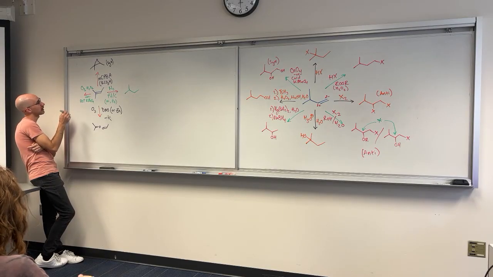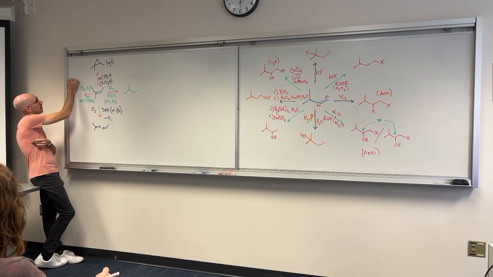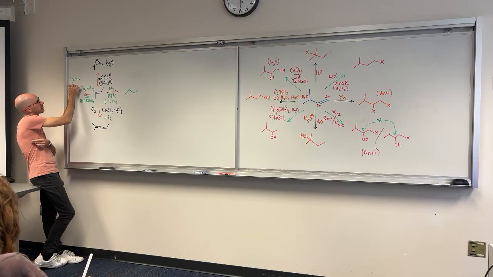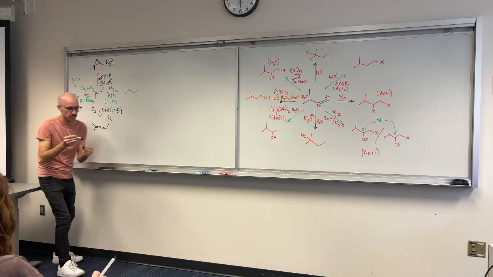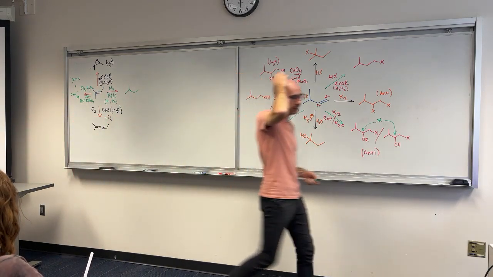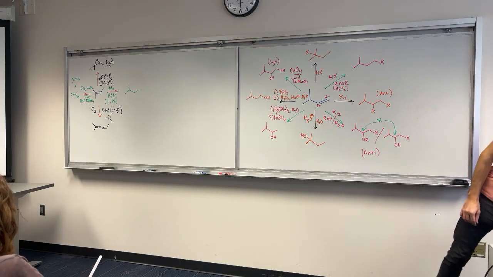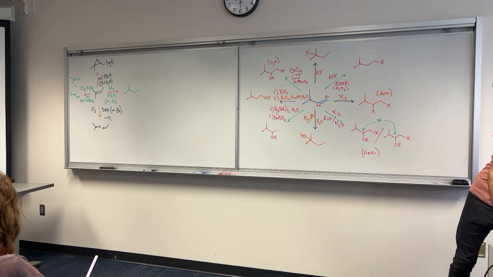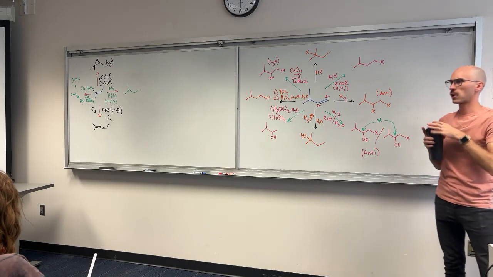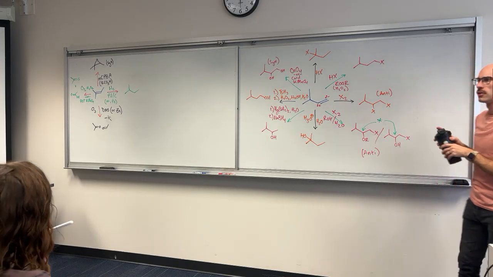And what a shame, I kind of ran out of space. We get two things again. One group from each carbon of the alkene. Notice what functional group forms if the carbon of the alkene is bonded to two carbons.